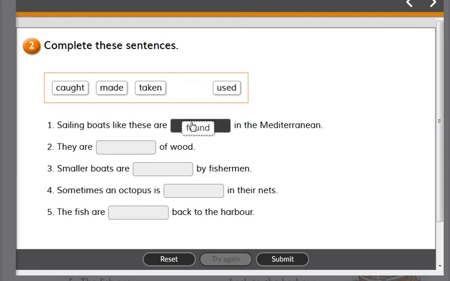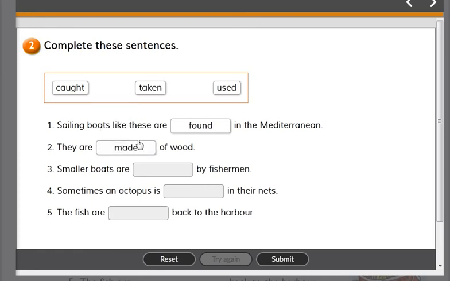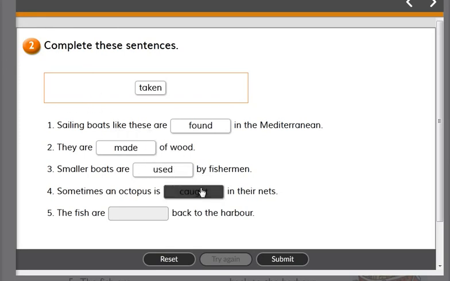They are made of wood. Smaller boats are used by fishermen. Sometimes an octopus is caught in their nets. The fish are taken back to the harbor.